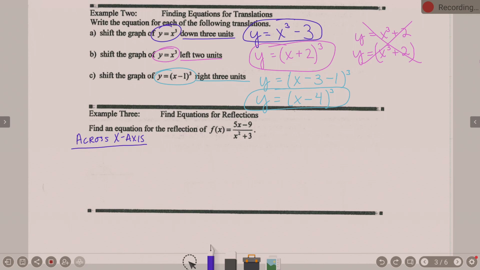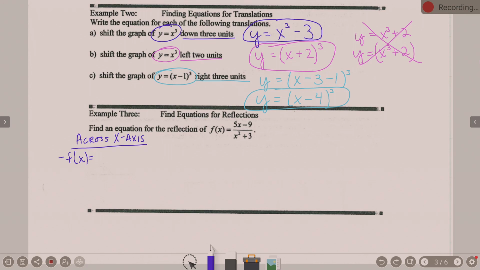Okay. Across the x-axis. What do our notes say about across the x-axis? Where does our negative go? The negative goes around the whole function.